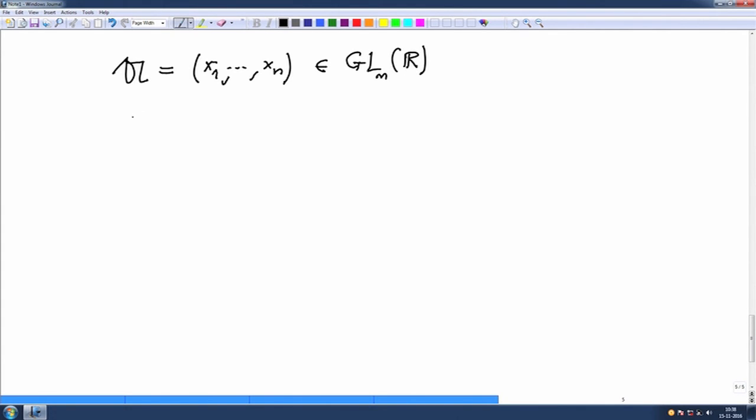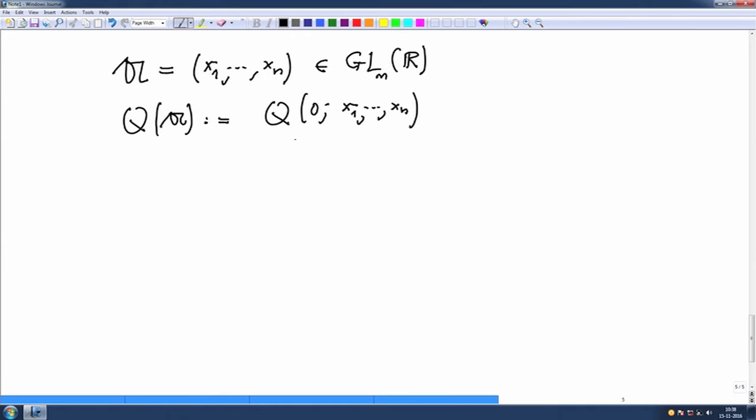And then I will put Q(A) to be Q(0; x1 to xn). Because we are assuming the matrix is in GLn, the rank is n, therefore these column vectors are linearly independent, therefore they form a basis, and therefore this makes sense.